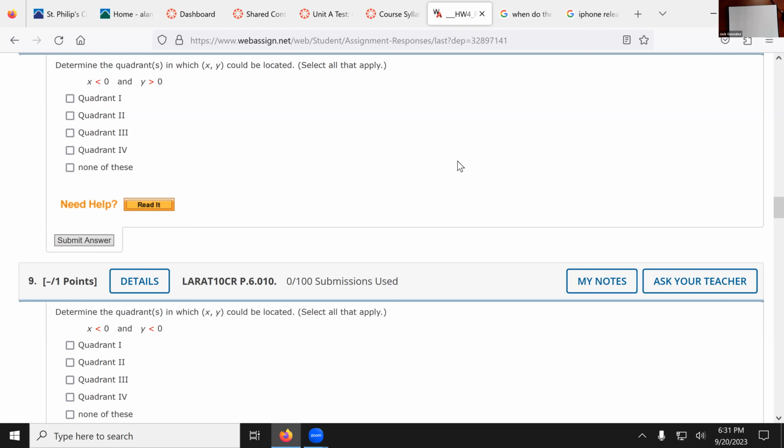Quadrant 2, we said this is negative, this is positive. Quadrant 3, they're both negative. So what do we have? This means negative x, positive y. Yeah, has to be 2.